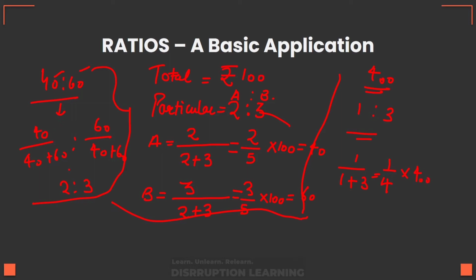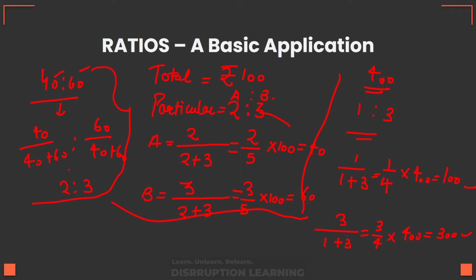This would turn out to be 100. And the second person would get 3 divided by 1 plus 3, that is 3 by 4, into 400. This would be 300. As simple as that. I hope you've got it. This is the most basic yet the most important application of ratios, which is actually used in real life.